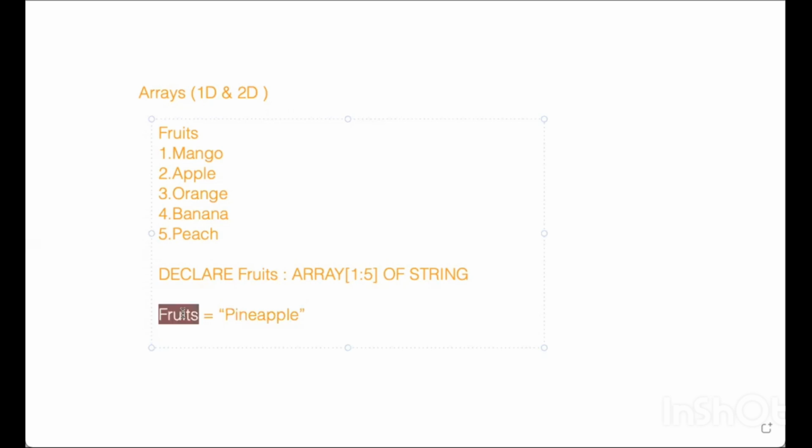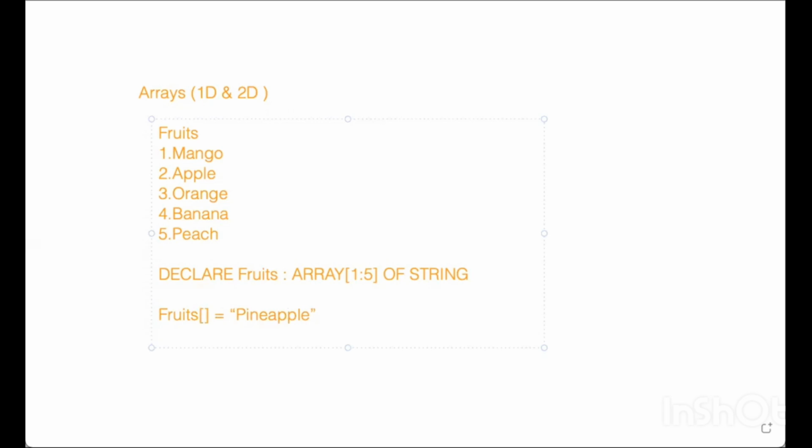The fruits identifier is an array, as you can see here, and you cannot refer to an array like this. You're trying to refer to an array like it's a variable. So you have to refer to an array by using the subscript operator, the pair of square braces.